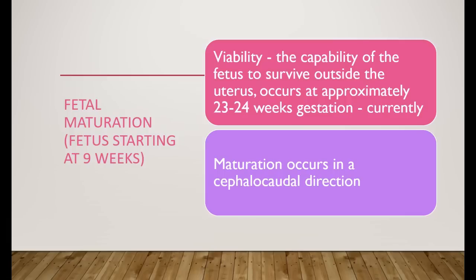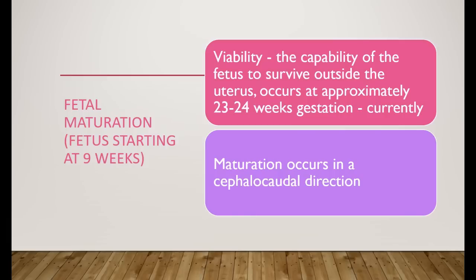Now, I do know several of our facilities in the Metroplex, and I'm not sure in the Houston area, San Antonio area, what they're calling viability, but I know a couple of our hospitals here are admitting babies as young as 22 weeks to see if we can push that age of viability a little bit further back so that if born a little bit earlier, they have a chance of survival.